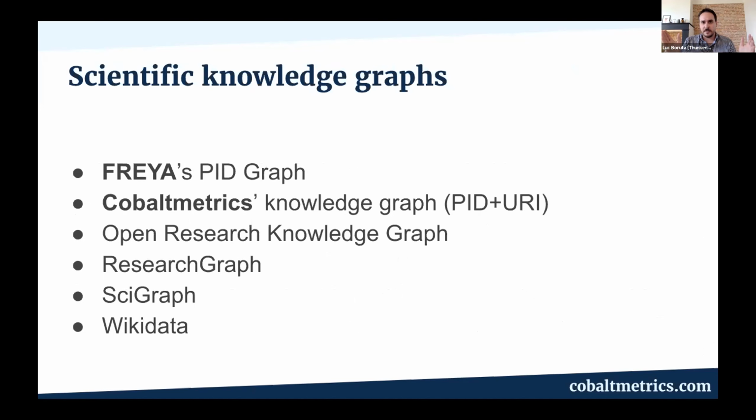And very briefly, when I talk about scientific knowledge graphs, I of course include FREYA's PID graph, Cobaltmetrics knowledge graph, the Open Research Knowledge Graph, the research graph, SciGraph, the OpenAIRE research graph that we're going to hear about in the next presentation, and also Wikidata, which is a good reminder that just like we scientists include non-scholarly resources in our knowledge graphs, there are more generalist resources that do include scholarly information too.